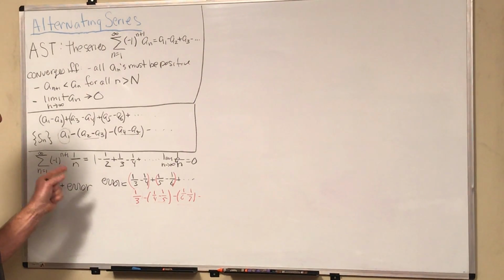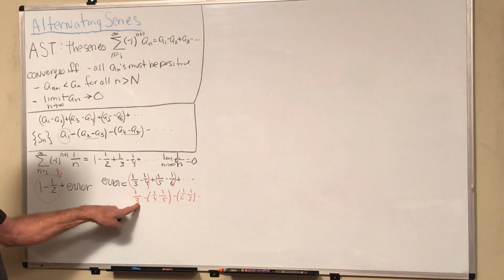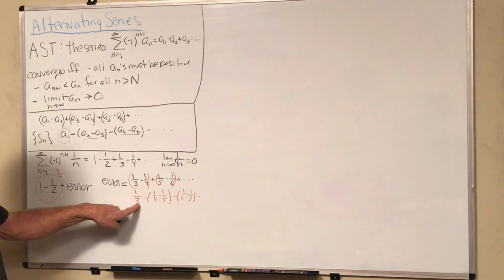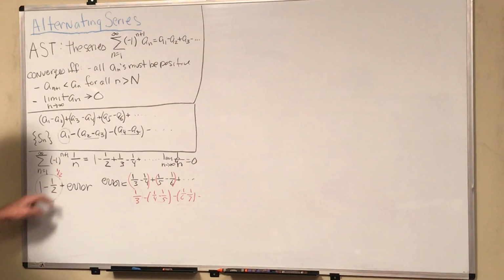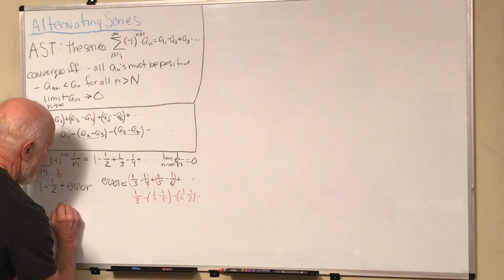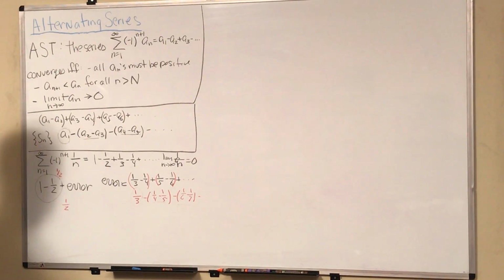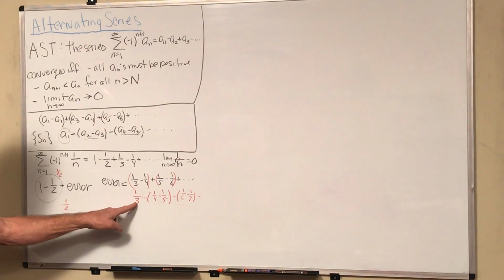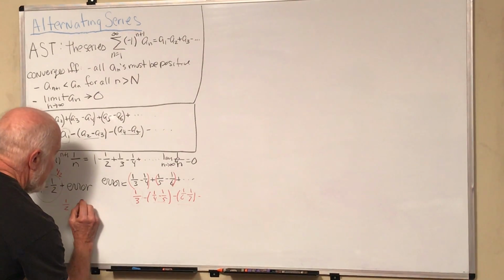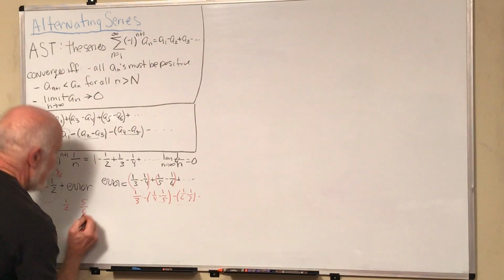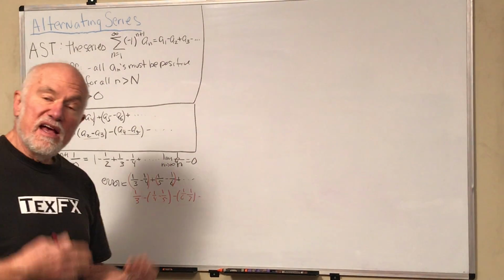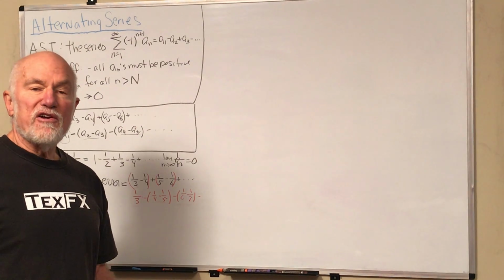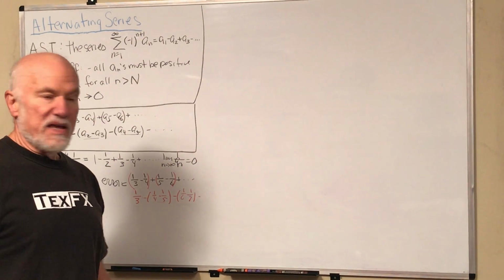So I know I have a positive error, but it's less than 1/3. So that means my answer has to be between 1/2 and 1/2 plus 1/3, which is 5/6. So my answer has to be somewhere in between there. I've done a pretty good job of figuring out about what that answer should be.